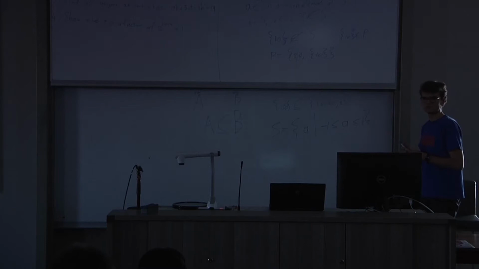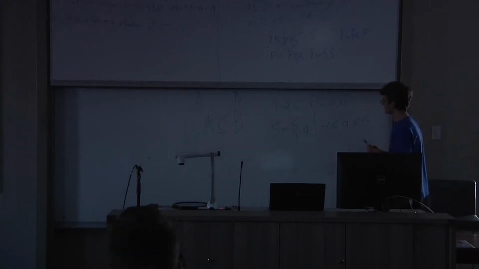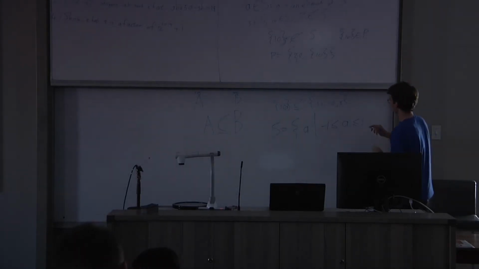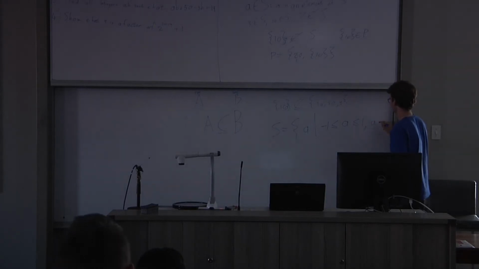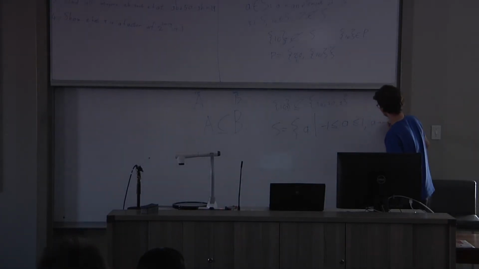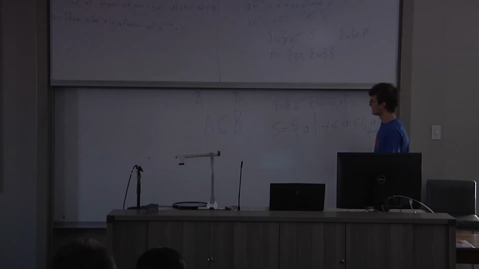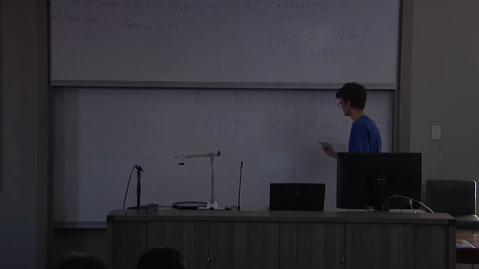I'll take that as a no for most people. So this is a way of constructing a set implicitly by giving it some rule that every element in the set must satisfy. So okay, if you add on a condition that A is an integer, then in this case S would just be minus 1, 0, 1.